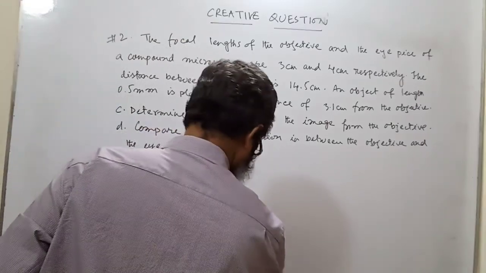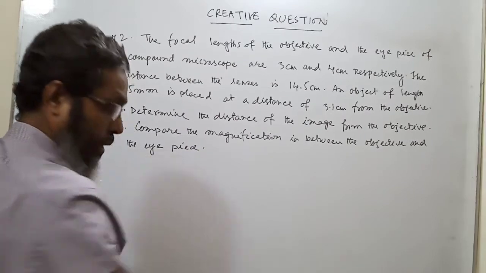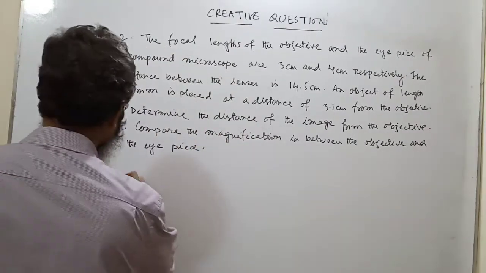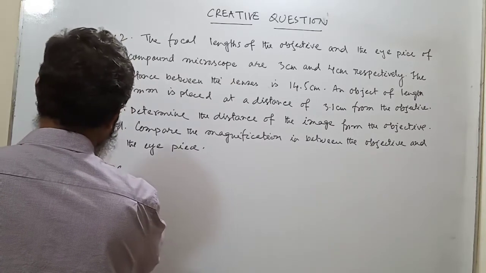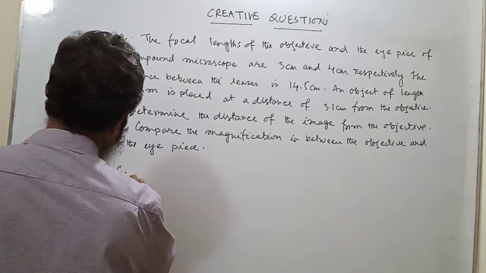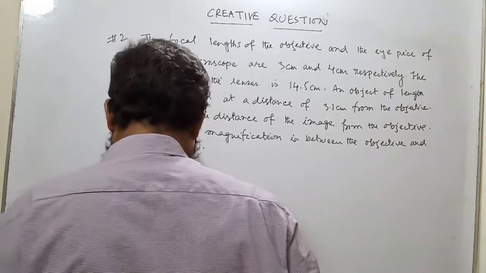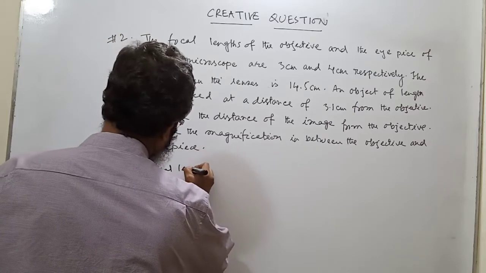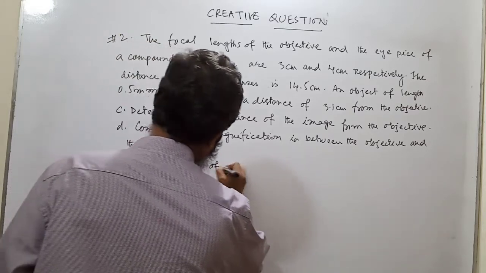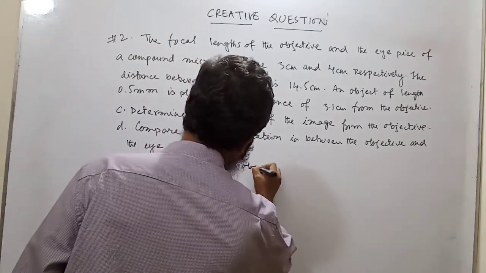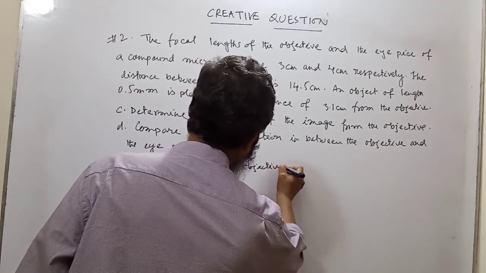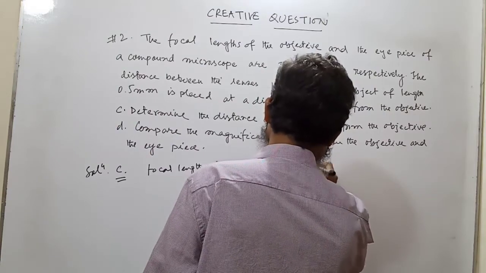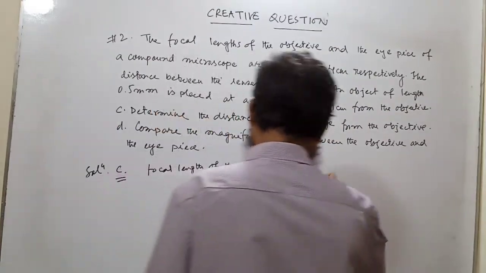Okay. So let us go for the solution. Solution of number C. The focal length of the objective, that is f naught, is equal to 3 cm. It is given.